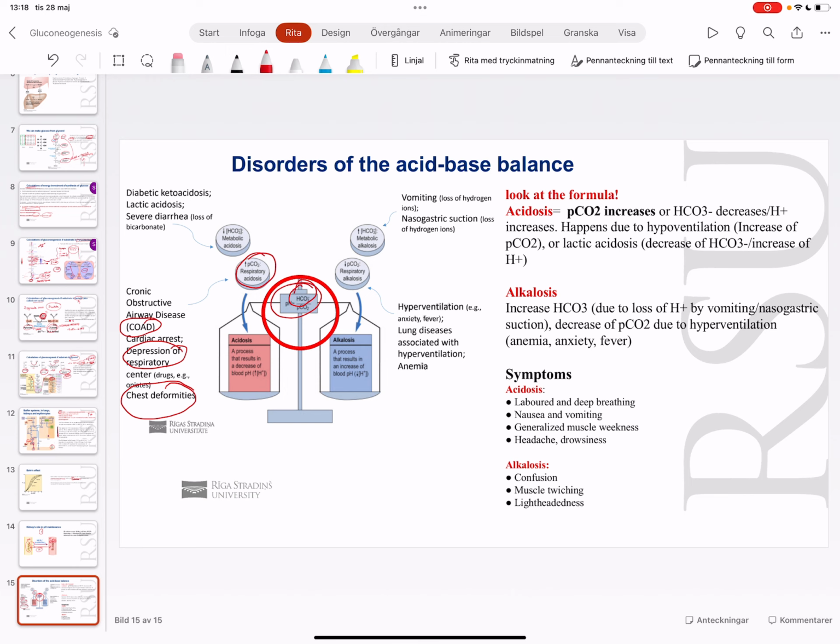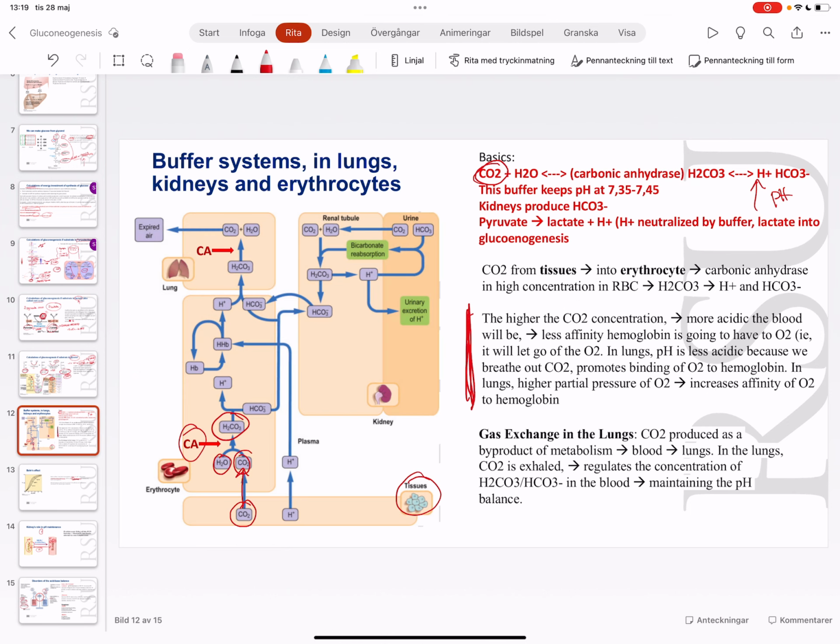Secondly, there can also be a decrease of carbon dioxide. A decrease of carbon dioxide can be due to hyperventilation, which can happen in anxiety or when you have a fever. When you breathe fast, you breathe out a lot of carbon dioxide.